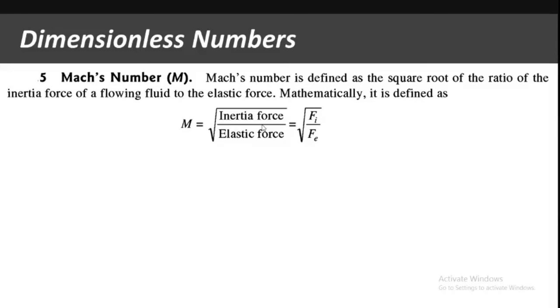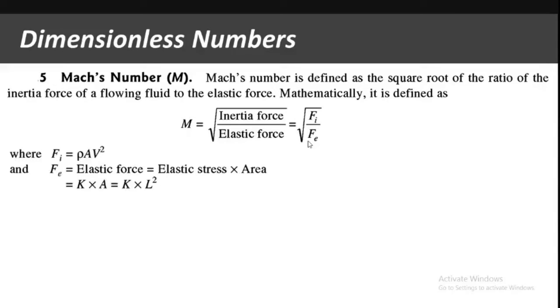So M equals under root of inertia force upon elastic force, so under root of Fi upon Fe. Now we know Fi equals rho A v square, inertia force, and Fe, elastic force, is nothing but elastic stress into area. Elastic stress is nothing but bulk modulus, so it is bulk modulus into area, or bulk modulus into L square.